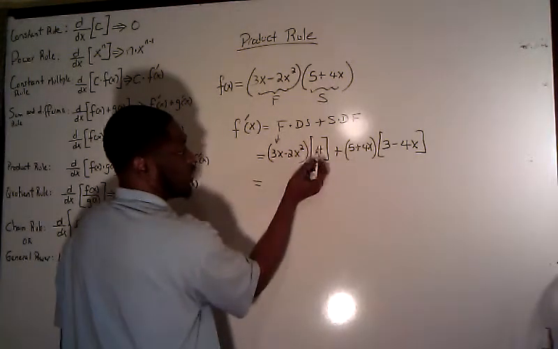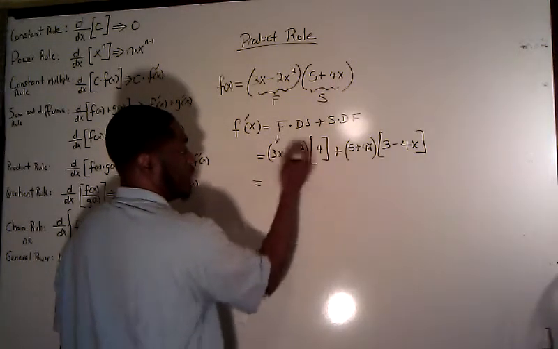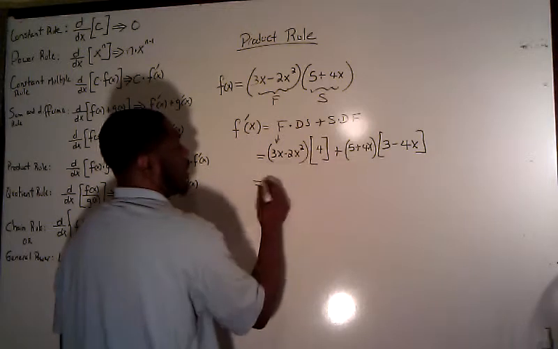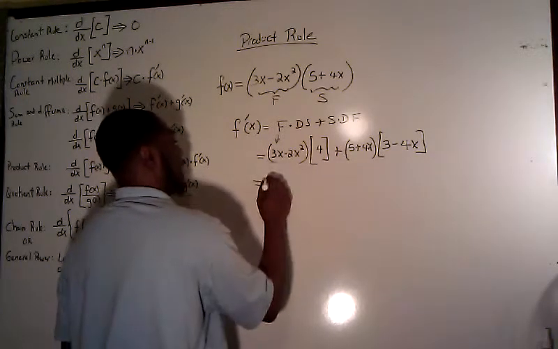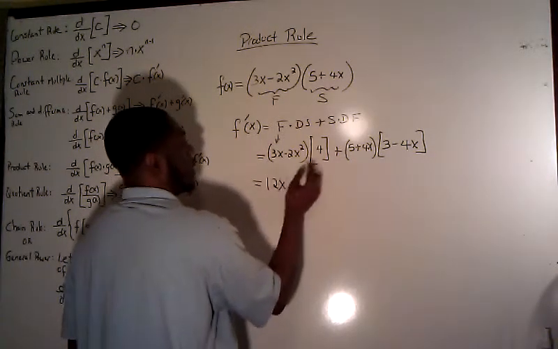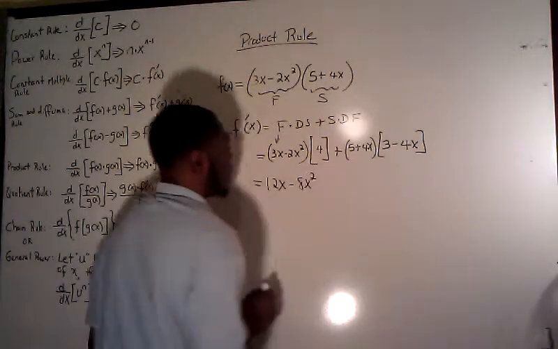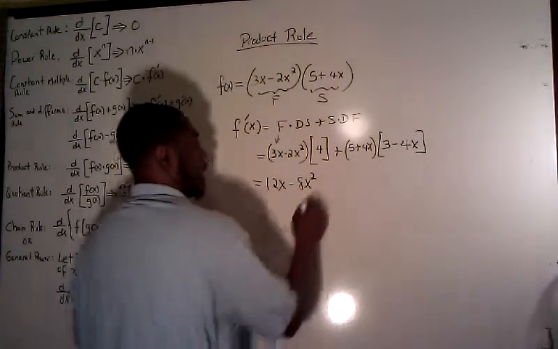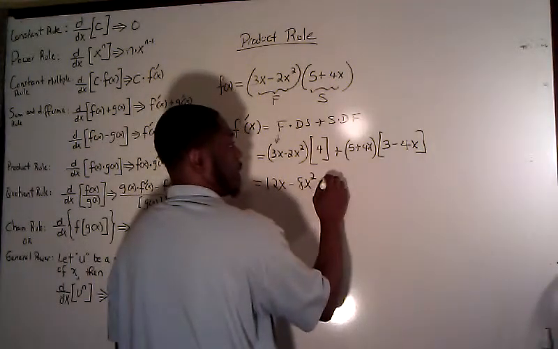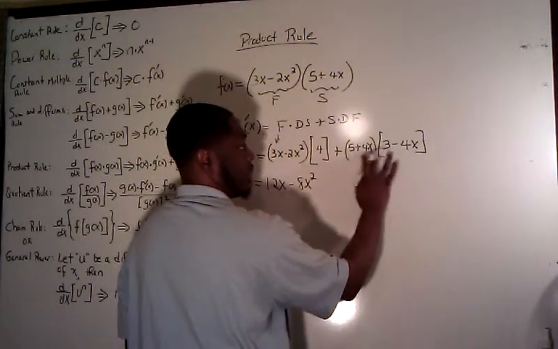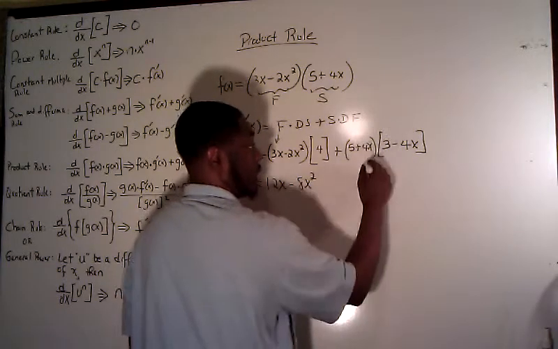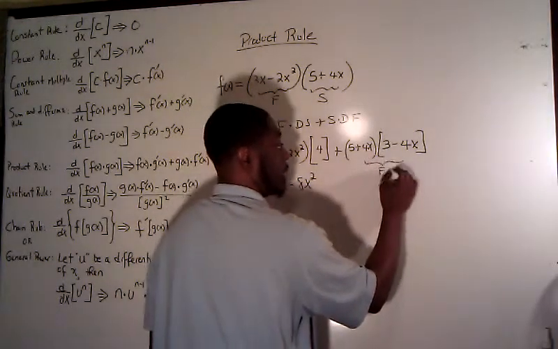I need to distribute this 4 to each term in the binomial, so this becomes what? This becomes 4 times 3x, that's 12x. 4 times 2, that's 8x squared. And this now becomes, well, this is just a binomial times a binomial, so I want to use an operation that I got to FOIL this.